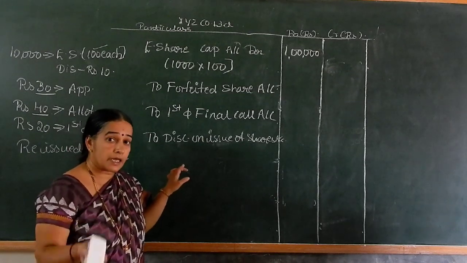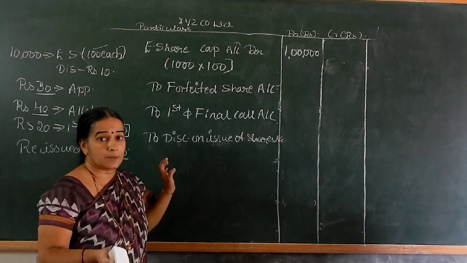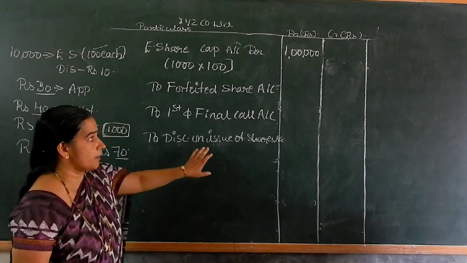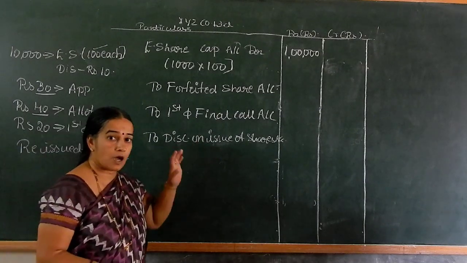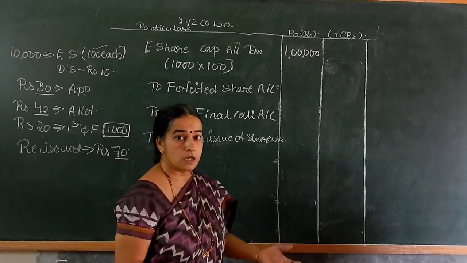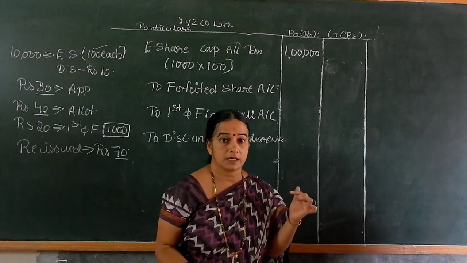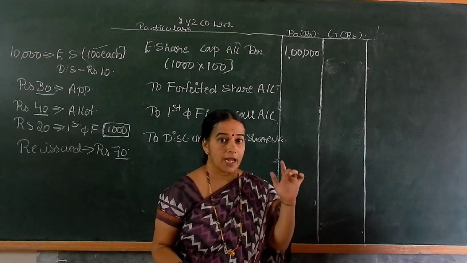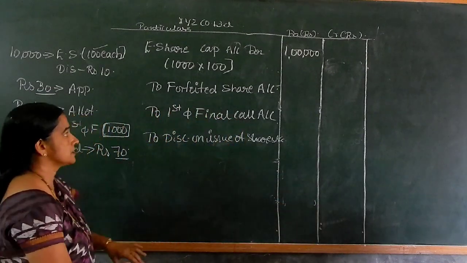In any account, if there is a debit balance, to cancel the debit balance the amount will be credited. Suppose an account has a credit balance, to cancel it, it will be debited. But discount is an expense, so it shows a debit balance. So to cancel the discount, the amount will be credited here.